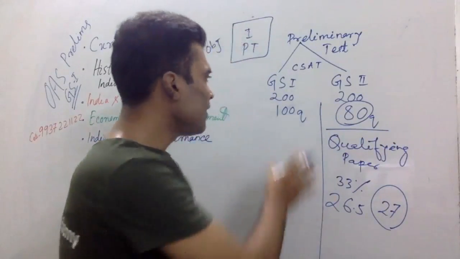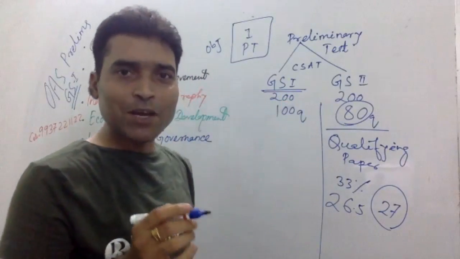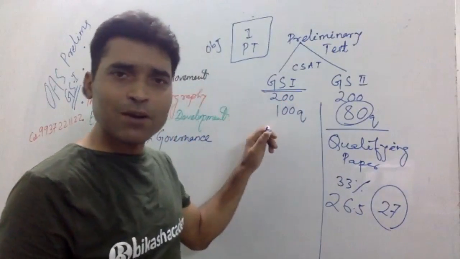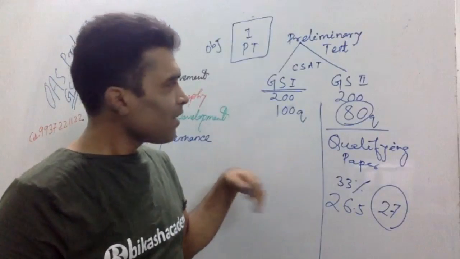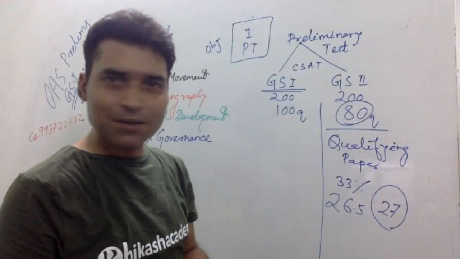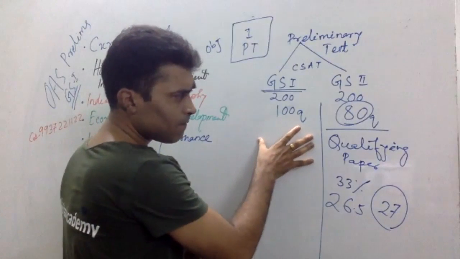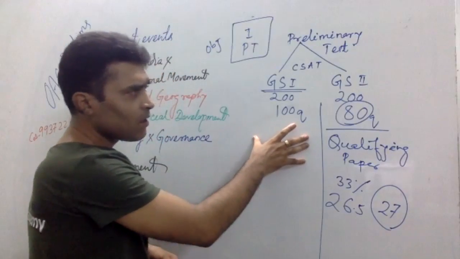Then only will General Studies Paper 1, which is very important, matter, because if you qualify this paper, you'll get the passport to write the main examination. I hope this is clear.